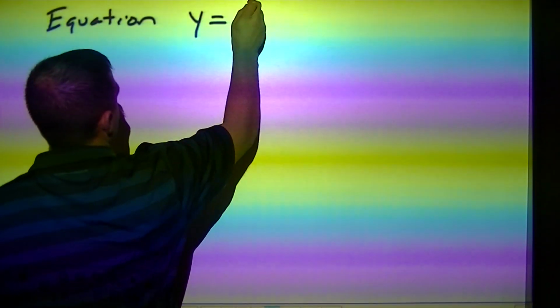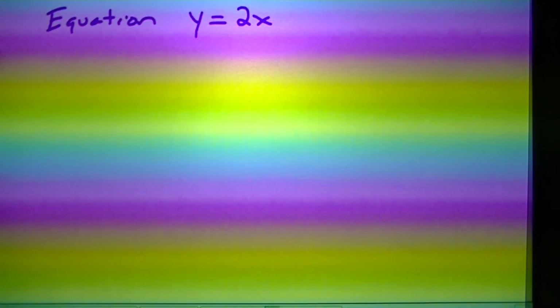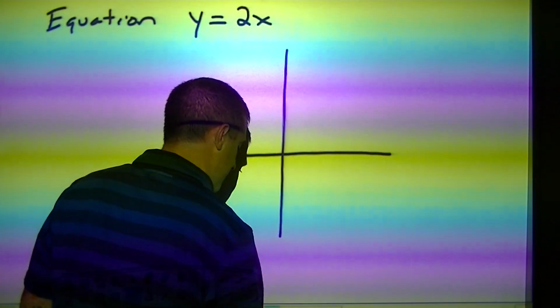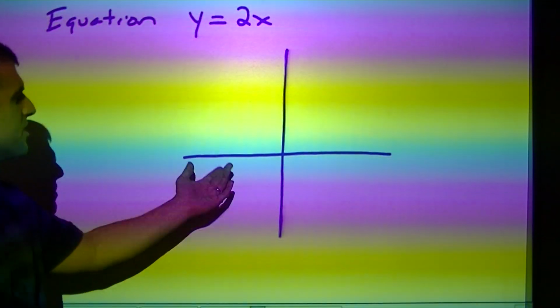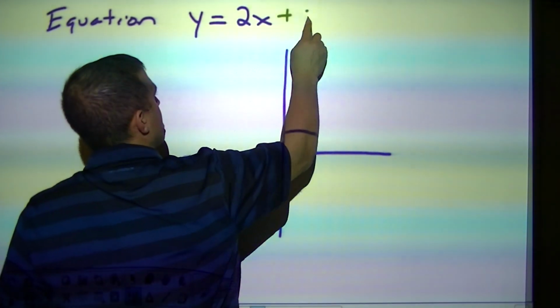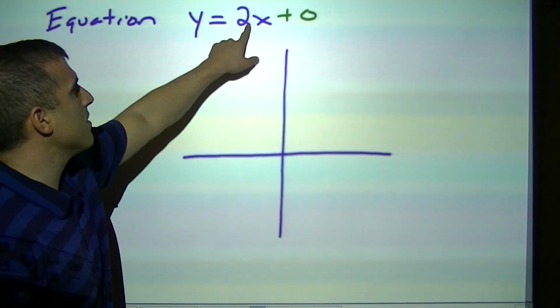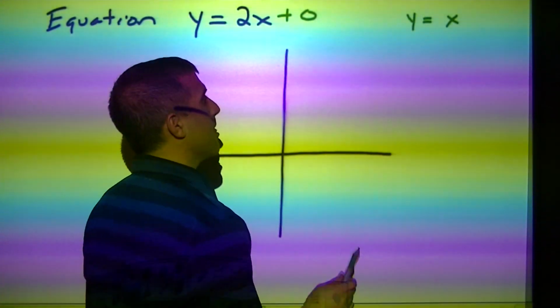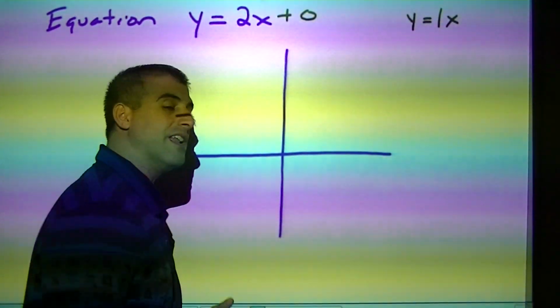Let me say I got my equation y equals 2x. Now, when I go to graph that, somebody's going to say, well, where do I start? Usually there's a number here. If you don't see a number there, it's 0. If you're missing a number in front of the x, the number in front of the x is 1, not 0.